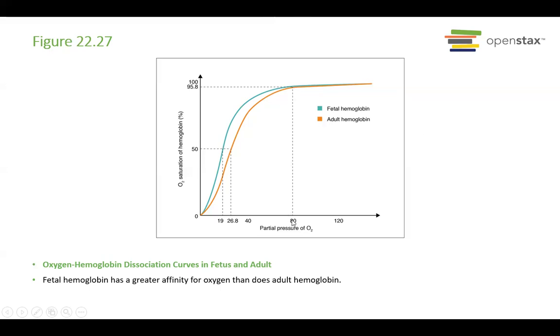You see here at 80, when the tissue is 80 and is missing 20, adult hemoglobin, so I'm sorry, let's look at 26. At 26, orange is adult hemoglobin. Hemoglobin gave you 50% of the oxygen it has. That's mom. Mom gave you 50% of her bank account because you only had 26%.